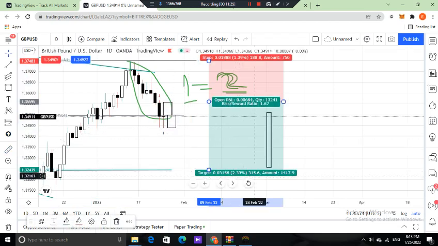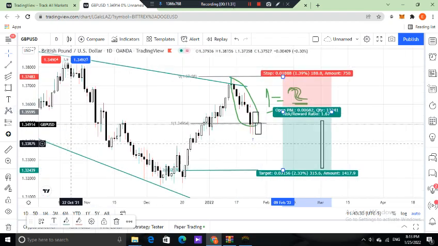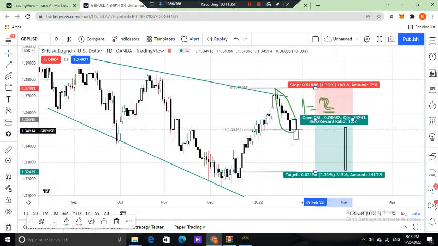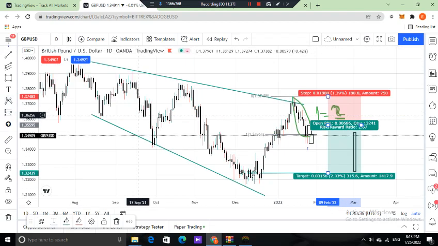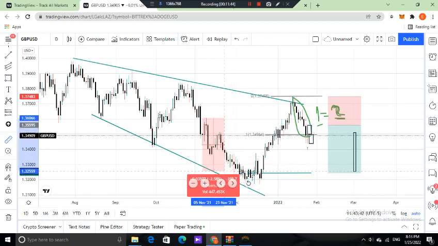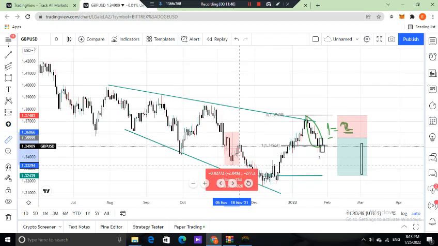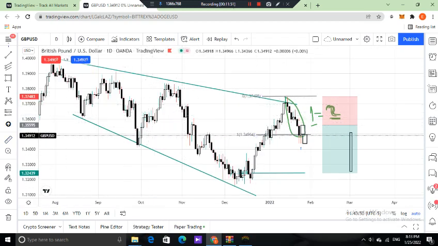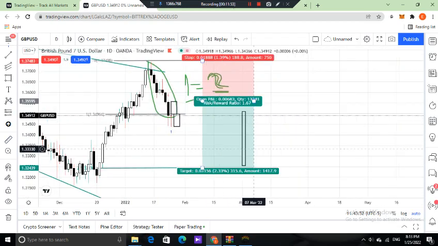They're here. 350 pips profit. Holy shit. That would be good. And it takes about, I'm not sure, maybe weeks. Yeah, maybe a couple of weeks, but it's a good position.